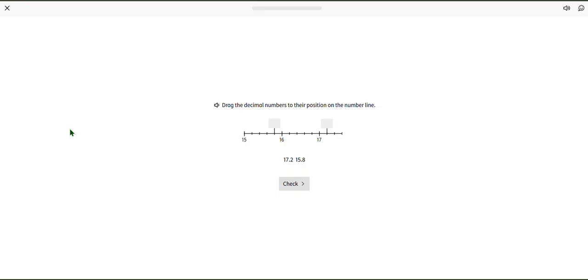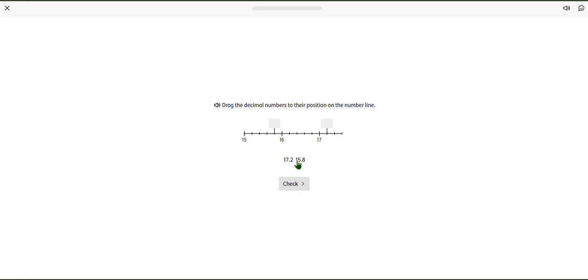Drag the decimal numbers to their position on the number line. So, we're going to look at our whole number of the decimal first to help us place these, and this is going to be a little bit easier to do based off of that. If we look at between 15 and 16, and then between 16 and 17, and then 17 and on, we can order these and put these in the correct place just based off of the whole number.